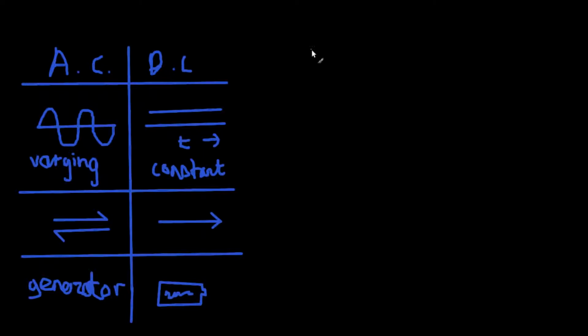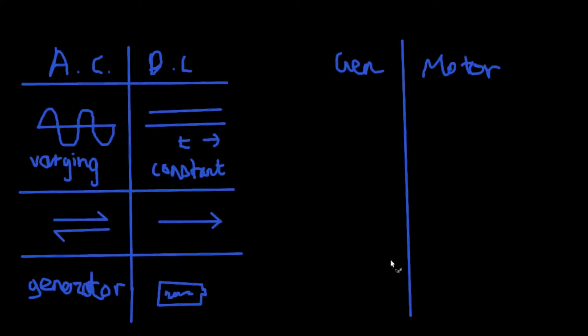And now I'm also going to tell you a few obvious differences between the AC generator and the DC motor. So let's say generator over here, motor here. The biggest difference is that in a generator you provide mechanical energy and this gets converted to electrical energy, electricity that is.